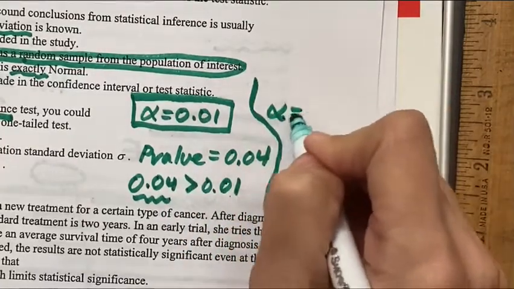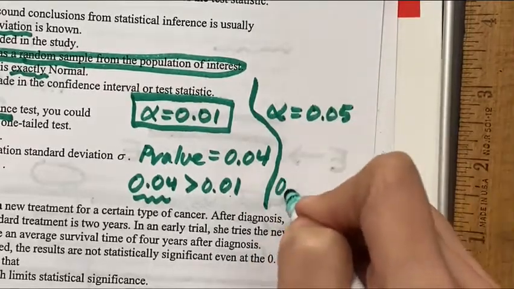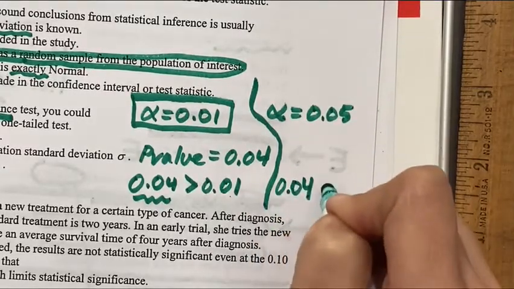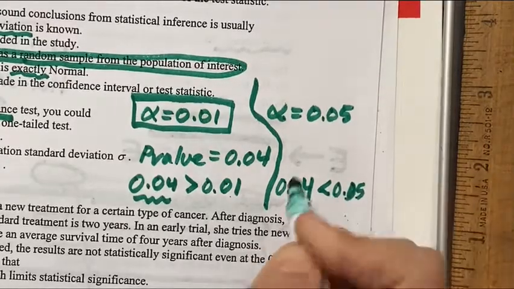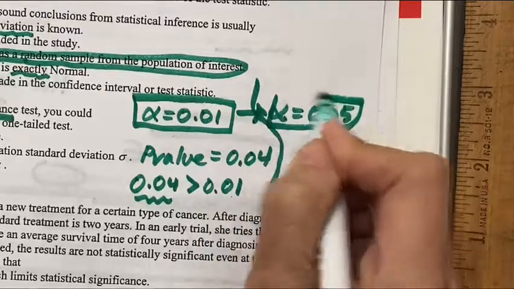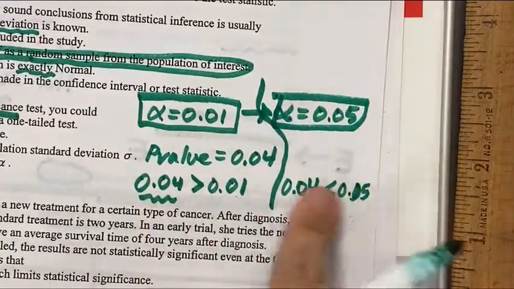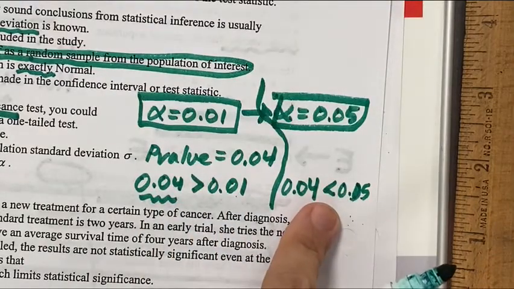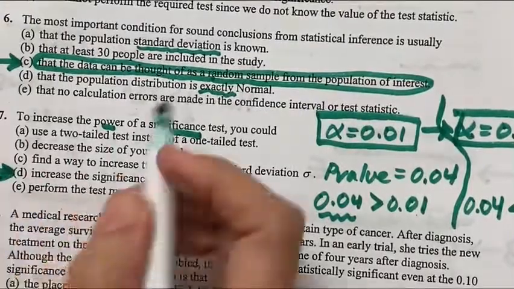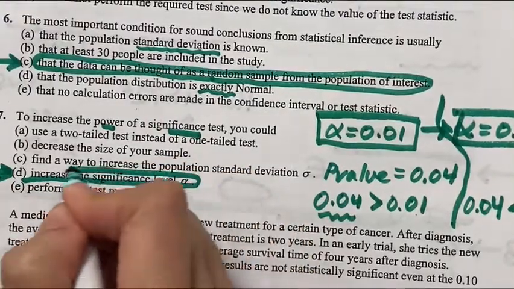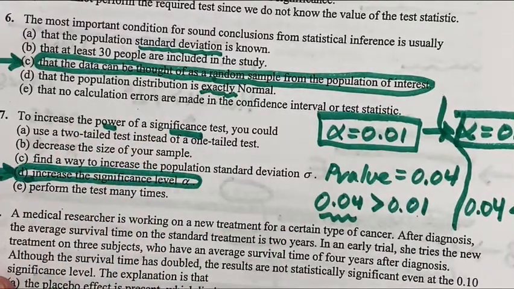If we reset alpha back to 0.05, what it normally is, then we can walk through door number 1 because 0.04 is less than alpha if alpha is 0.05. So by increasing the significance level from 0.01 to 0.05, we were able to detect, therefore increasing the power of the test. So my answer is increasing the significance level would allow me to increase the power of the test.